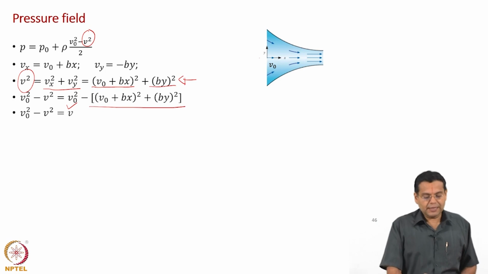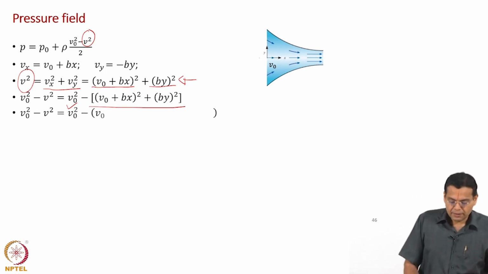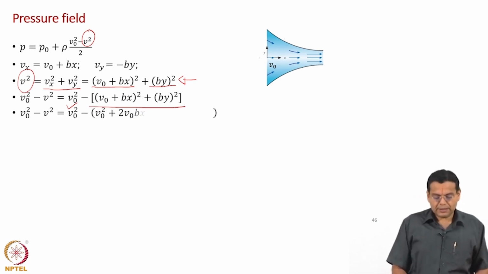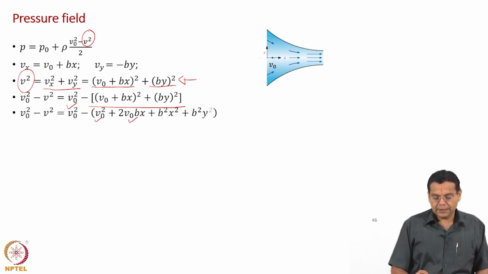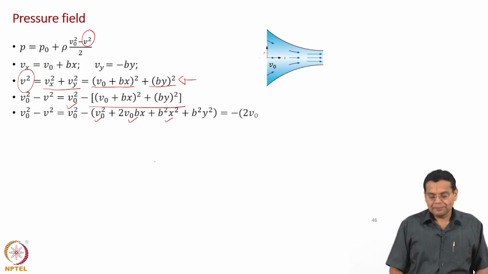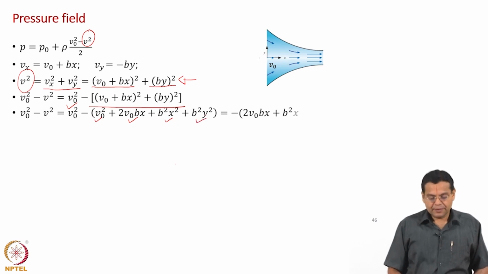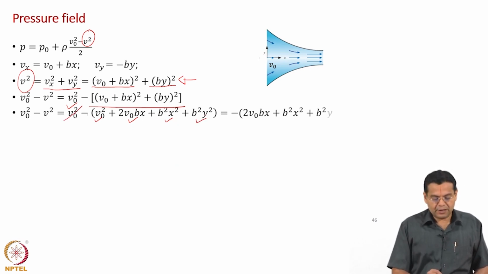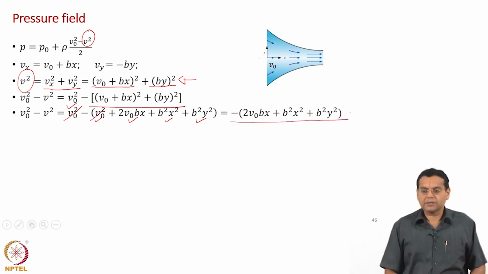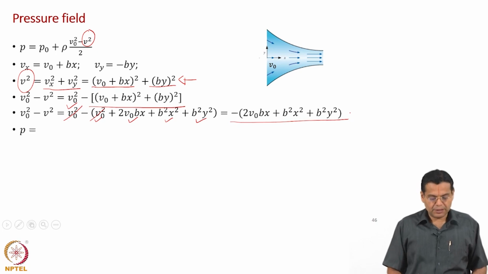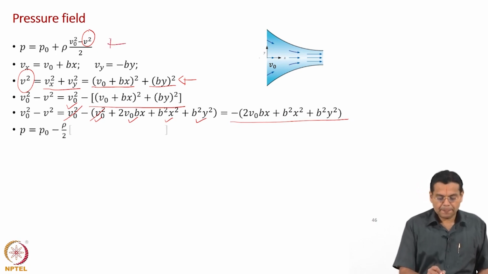So let us simplify that. Let us expand the square term. So we have V naught squared plus 2 V naught Bx plus B squared x squared, and then B squared y squared, and this V naught squared cancels out, and what we have are these terms. So now let us substitute back here, okay.